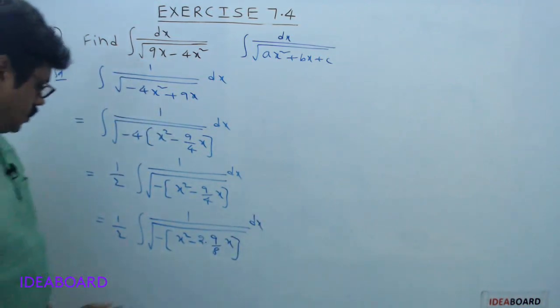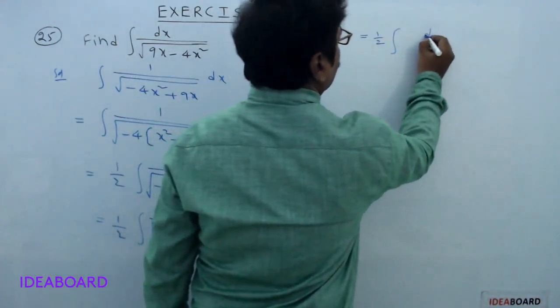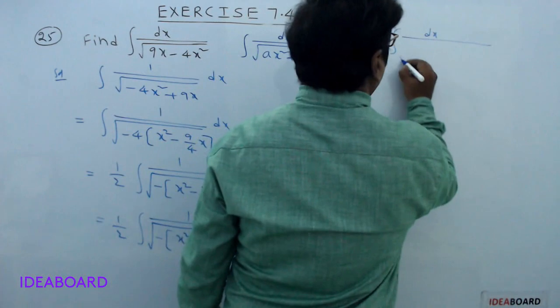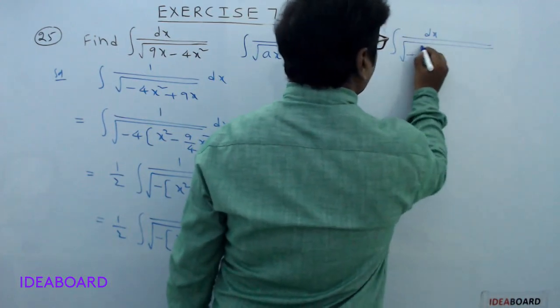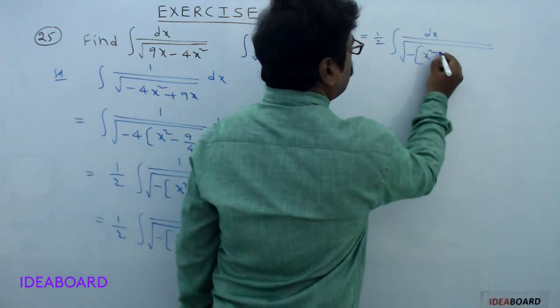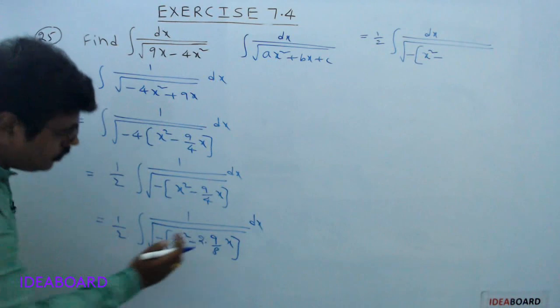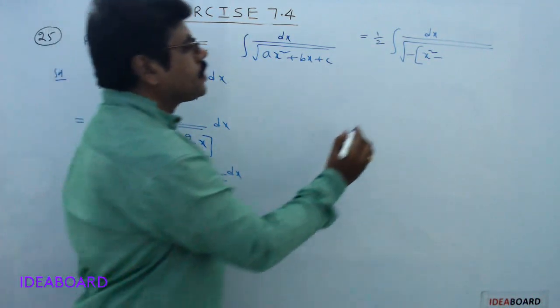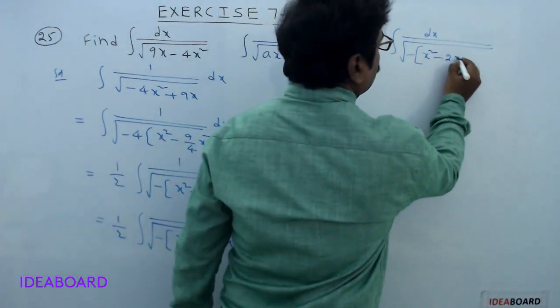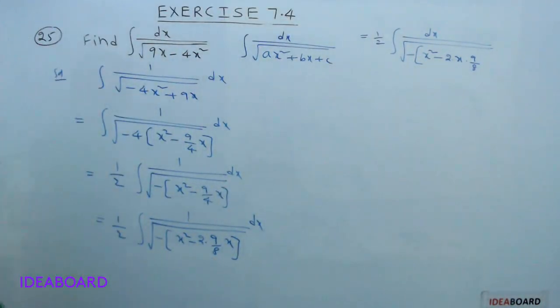this is 2 into 9 by 8 x dx. So this is 1 by 2 into integral dx divided by square root of minus of, this is x square minus, here 2 into x into 9 by 8.